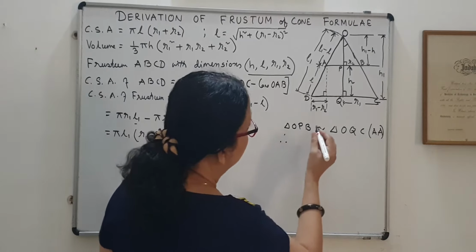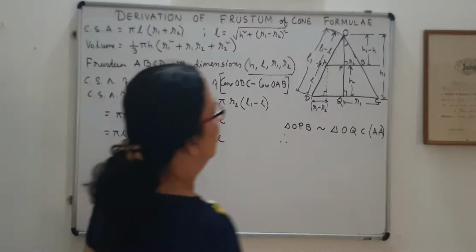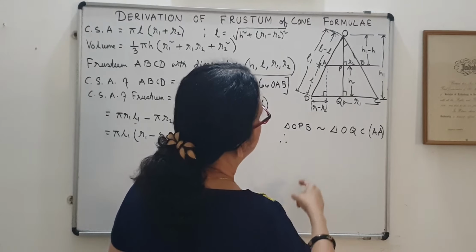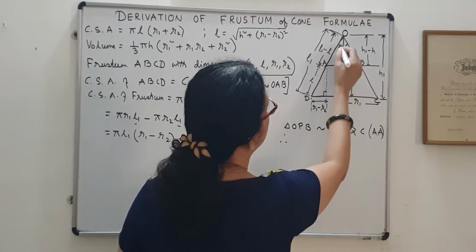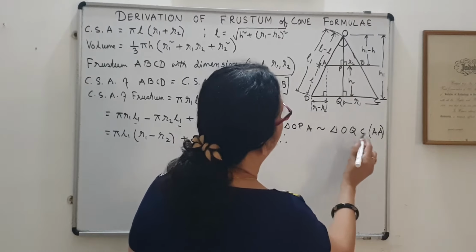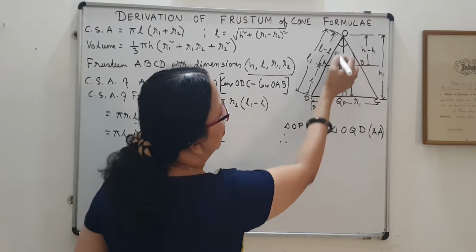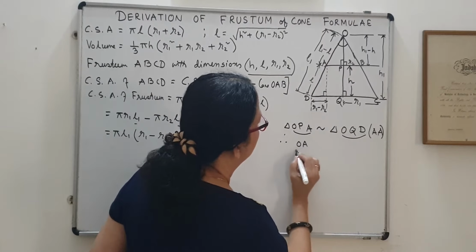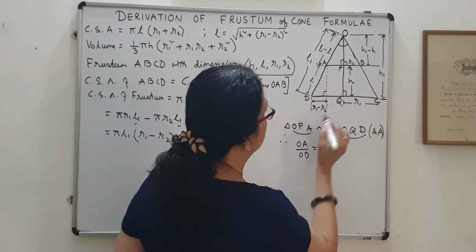Because here I have to relate slant height to radii, I can take OPA also, all the same. This is 90 and this is common. So let me take OPA and OQD. So I will be taking ratio of the sides OA to OD, so OA to OD will be equal to, I will now have to take radii, so AP by DQ.